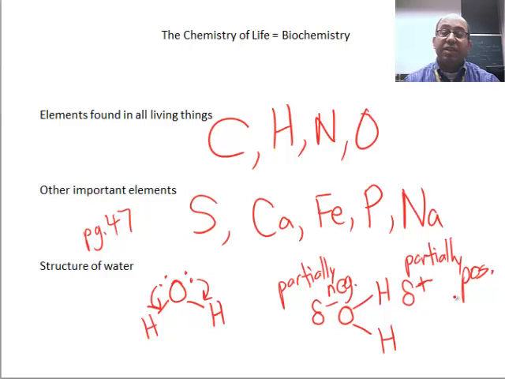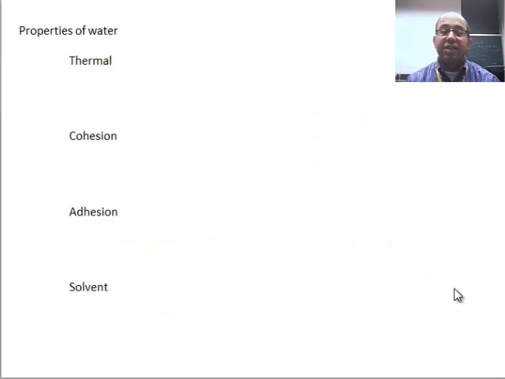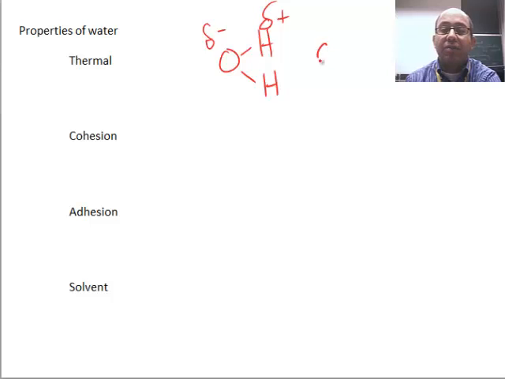Now what ends up happening is it affects the properties of water, and we will talk about that on the next slide. So let's talk about the properties of water. If you draw the water molecule again and see that this side is delta minus and that side is delta plus, well, you can attract another water molecule, with the O pointing towards the delta positive side of the other water molecule.